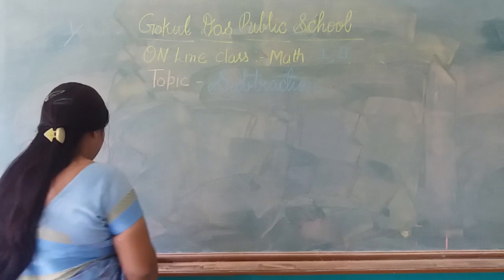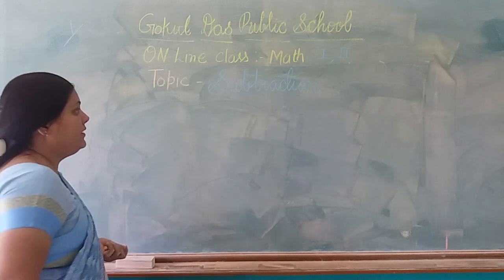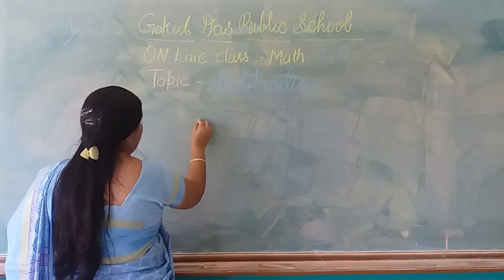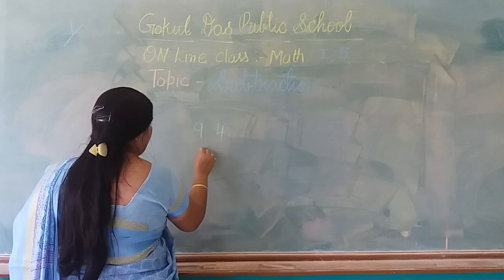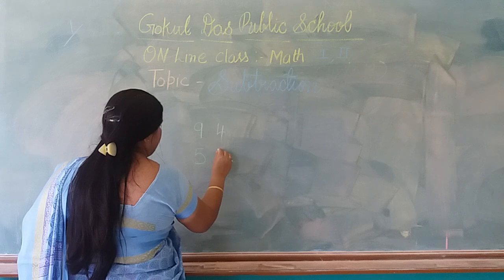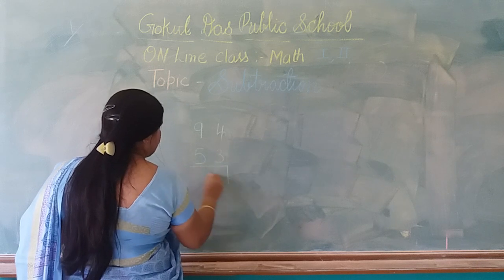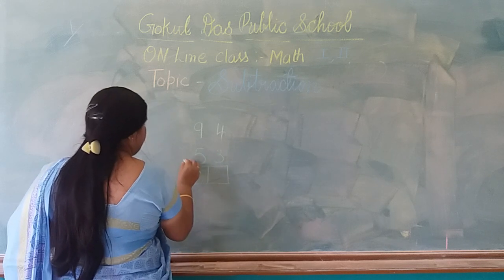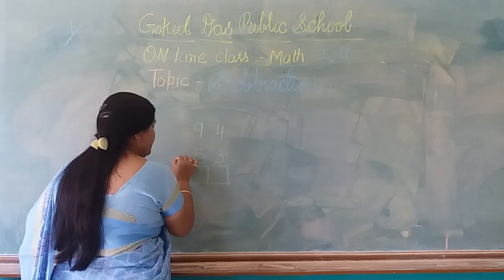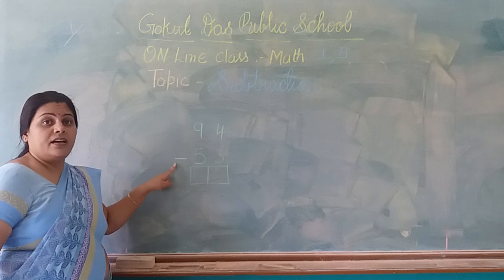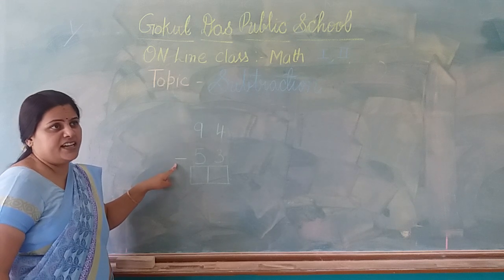Now I will tell you the subtraction with the help of some small numbers. So I wrote some numbers over here. Then I will put the sign of minus. See, my dear children, always make the sign.